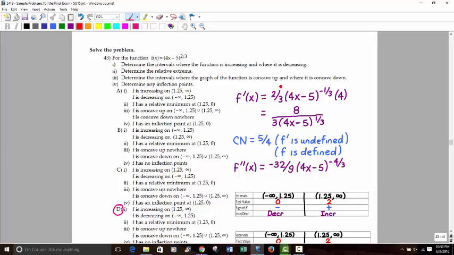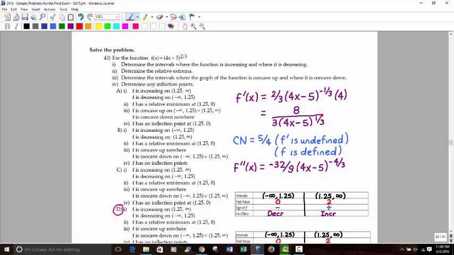So take the derivative. Don't forget the chain rule. So 2/3, bring the power down, subtract 1, -1/3. And the derivative of the inside is 4, so you get 8/3, and then 4x minus 5 to the 1/3 on the bottom. Now, if you set that derivative equal to 0, you're not going to get anything, because the numerator is 8, so you won't get a critical number that way.